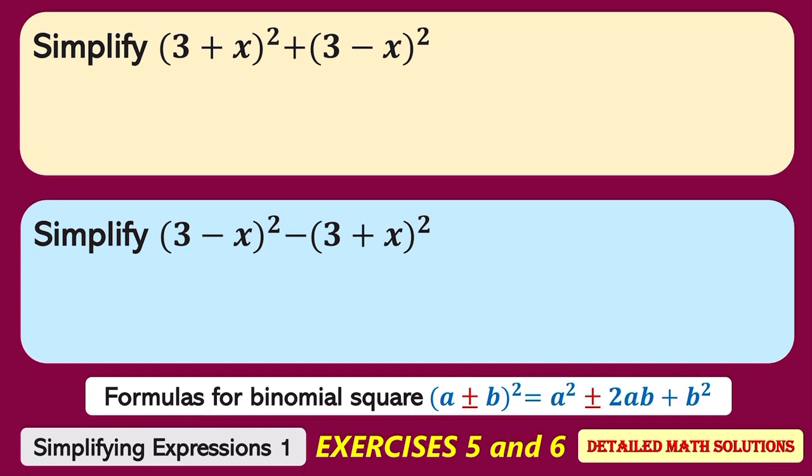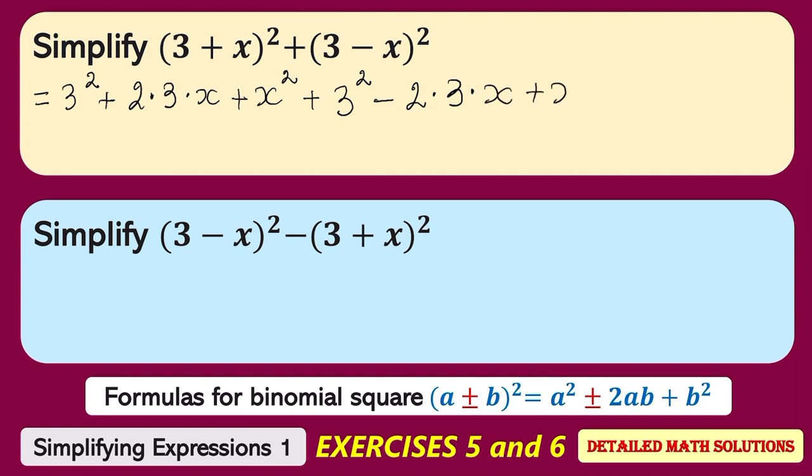Therefore, when I apply both formulas, it equals 3 squared plus 2 times 3 times x plus x squared plus 3 squared minus 2 times 3 times x plus x squared. When I simplify further, this equals 9 plus 6x plus x squared plus 9 minus 6x plus x squared.